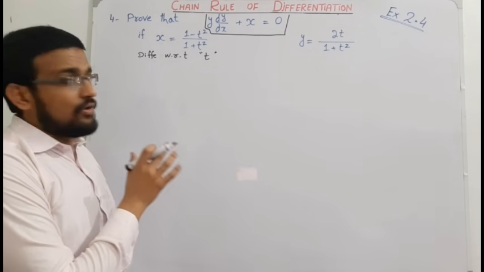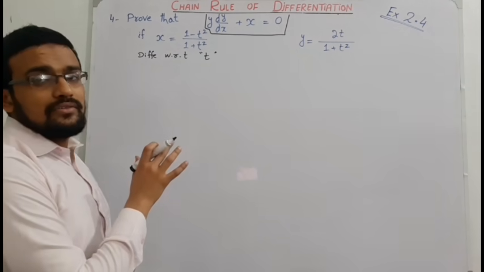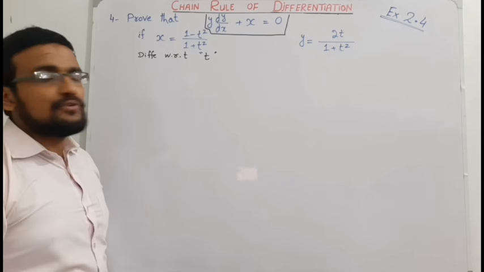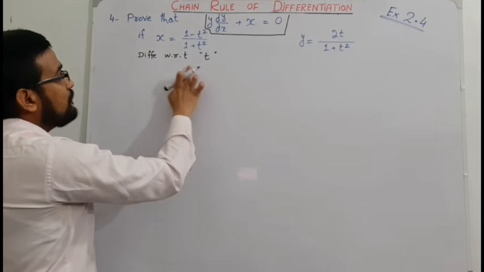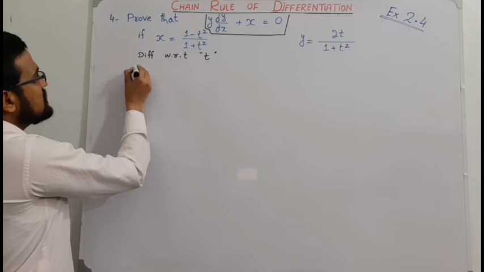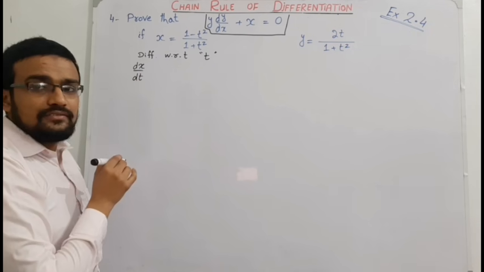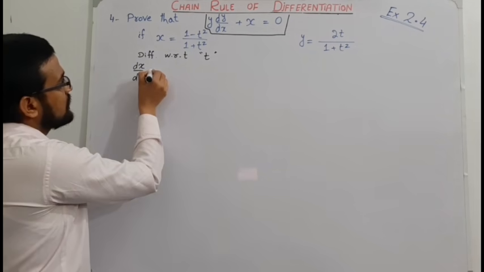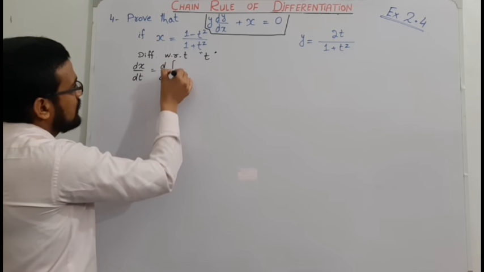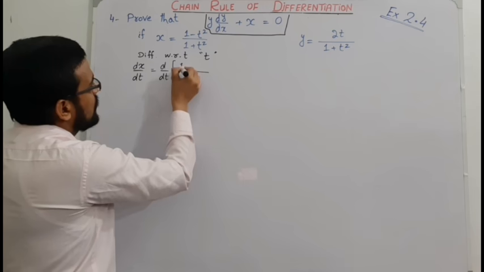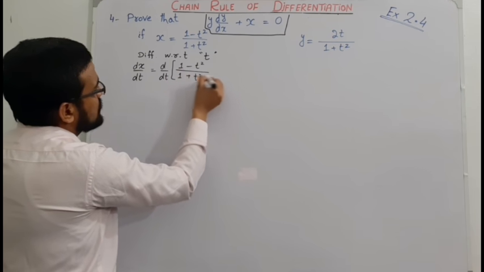Students, this is one of the most important questions from the board point of view and for understanding also. Differentiate with respect to t, it means dx over dt. Dx over dt is the derivative of (1 minus t²) over (1 plus t²).